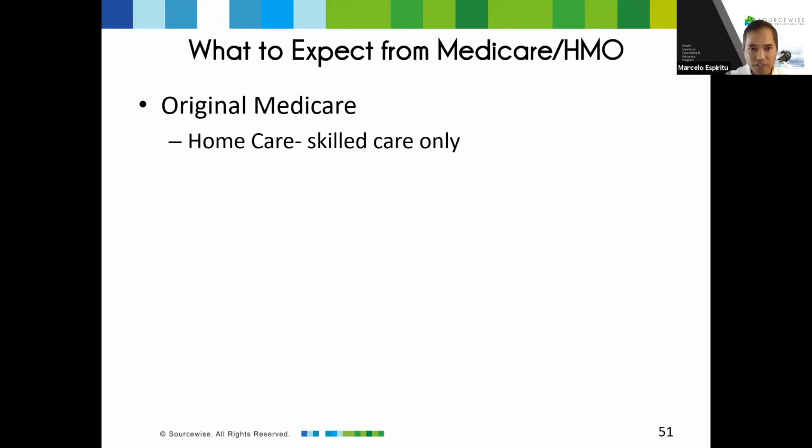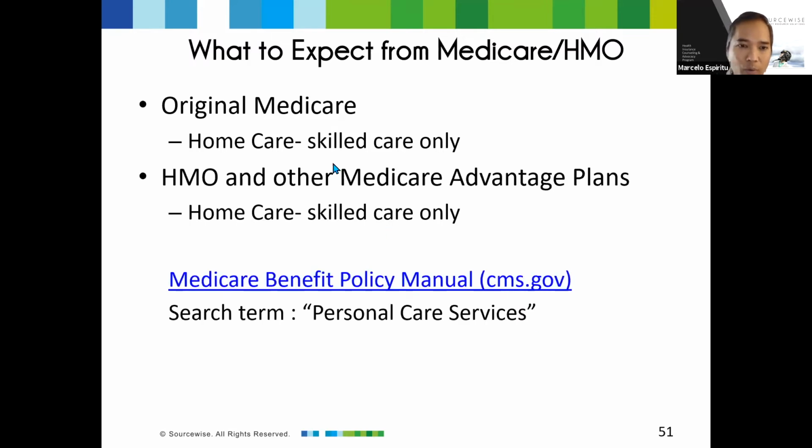Most people say, oh, it doesn't cover home care, or if it does, it's in conjunction with skilled care only. So that's with original Medicare or HMO Medicare Advantage plans. Skilled care has to be planned and in place and active for personal care services to be had.